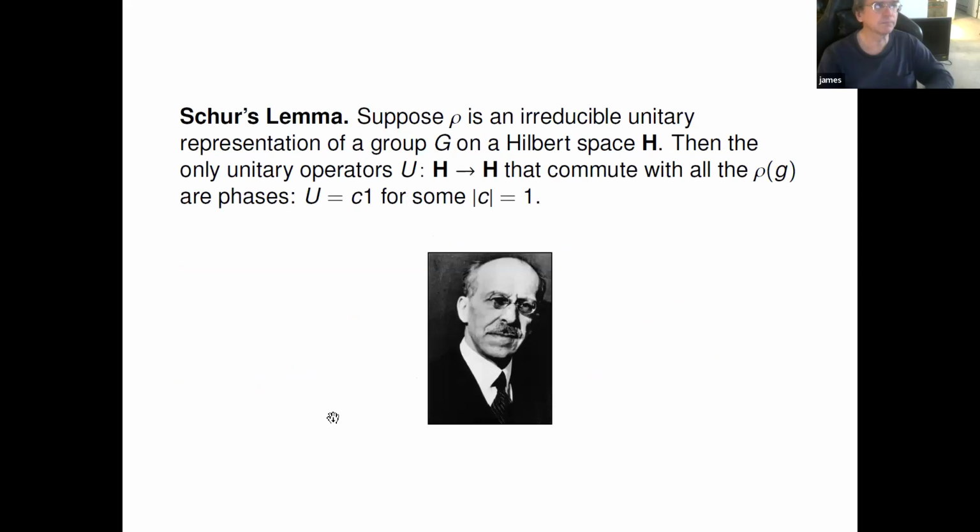Okay, so on the one hand, we've got Schur's lemma. It says that when you have an irreducible group representation on a Hilbert space, or a complex vector space really, the only unitary operators that commute with all the rho G's are phases.